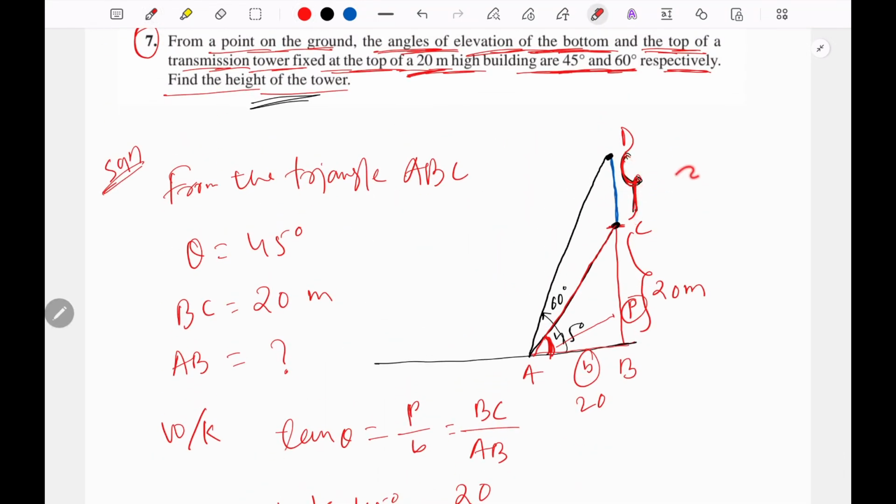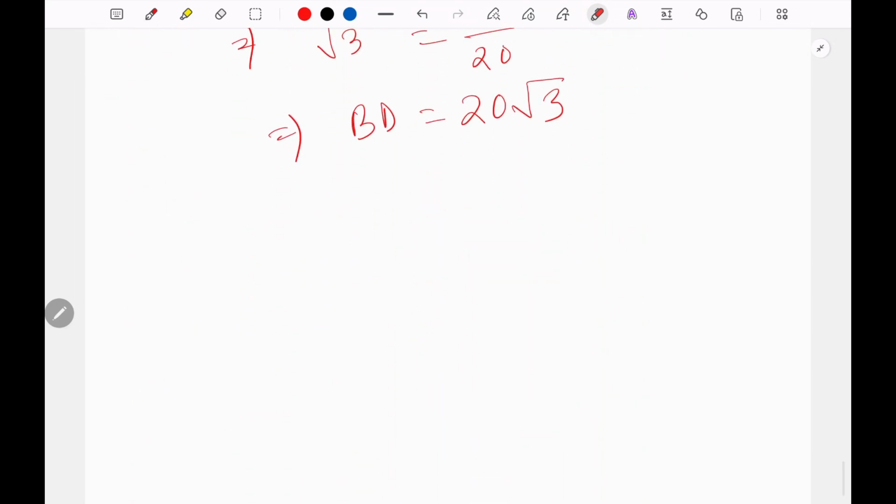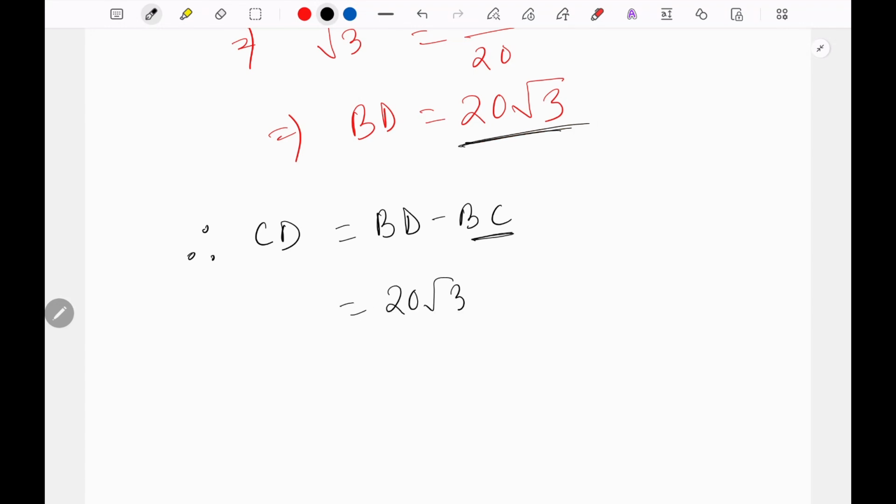So CD, how will we calculate? We will do BD minus BC. So write CD equals, therefore, we can write CD equals BD minus BC, and BD we just now calculated is 20 root 3, and BC, it is given in the question that BC is 20 meter.